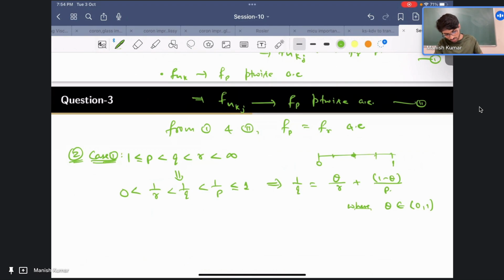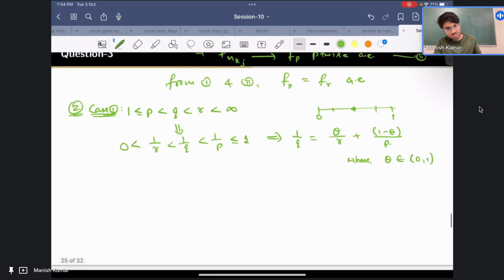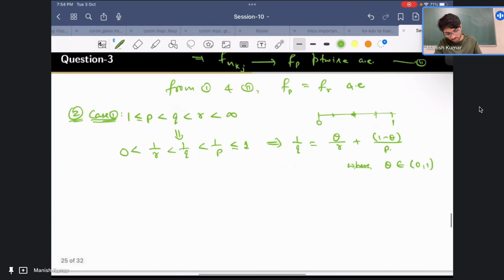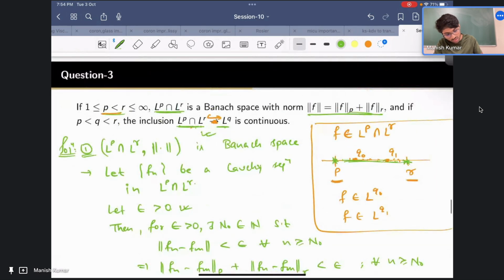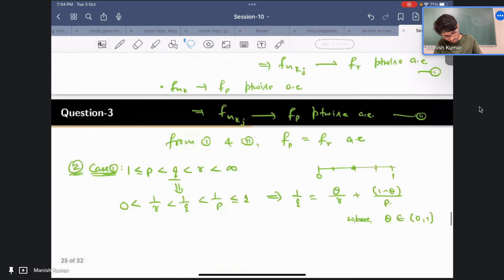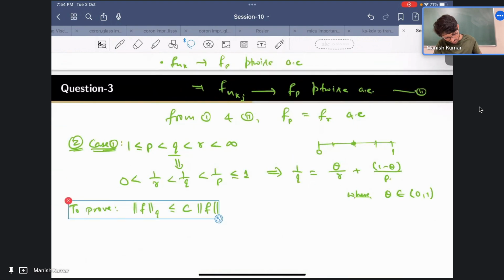Now let us try to estimate. What do we want to prove? We want to prove that f belongs to L^q. What we wanted to prove is that this inclusion is continuous. That means we want to prove that the norm of f in L^q is less than or equal to C times the norm of f in L^p intersection L^r.